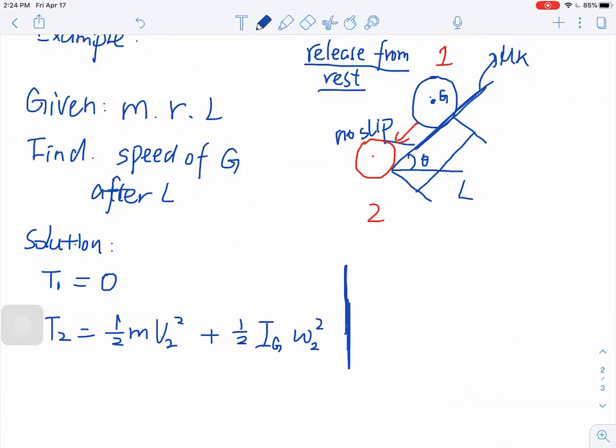Okay, how about Jacob Ryder? Do we have a point we can find that has zero velocity in this problem?